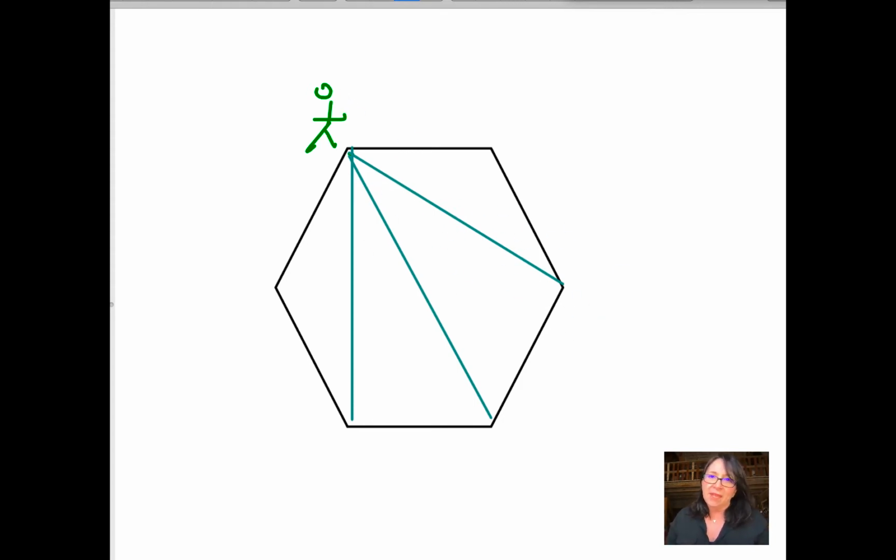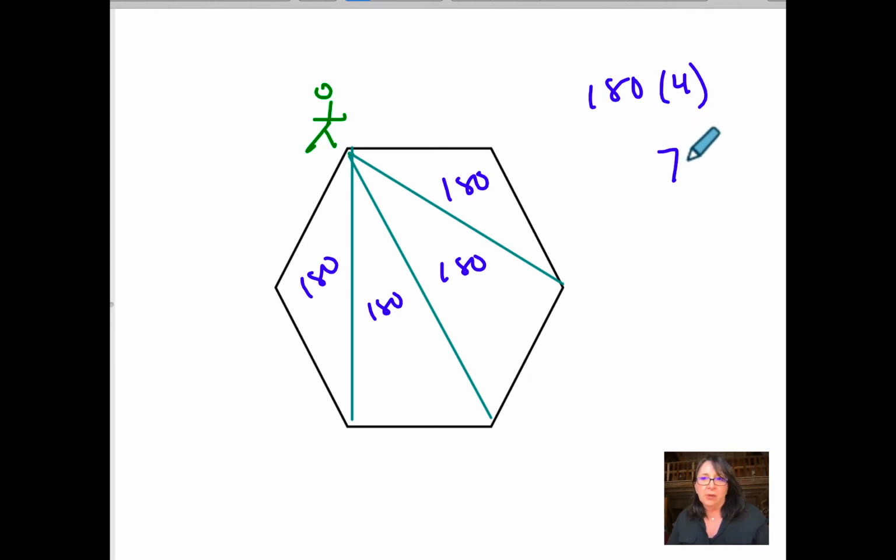And what that does for us is this. This would give us 180 degrees, 180 degrees, 180 degrees, and 180 degrees. So realistically, 180 degrees times 4 is equal to 720 degrees. And that also would give me the sum of the angles in my hexagon.